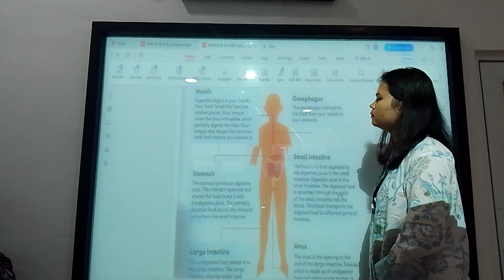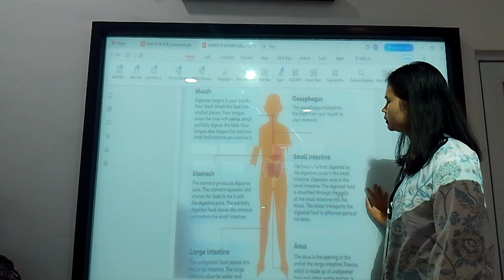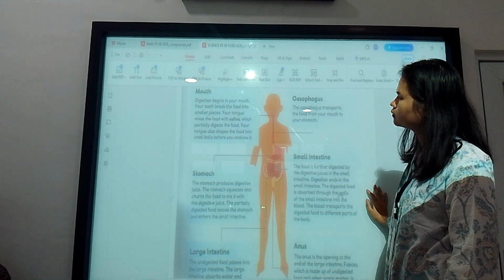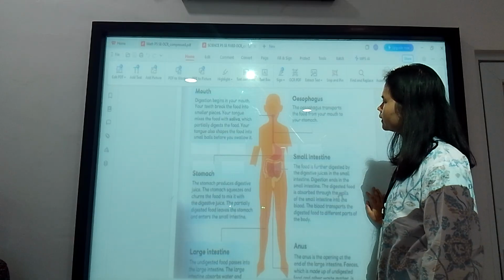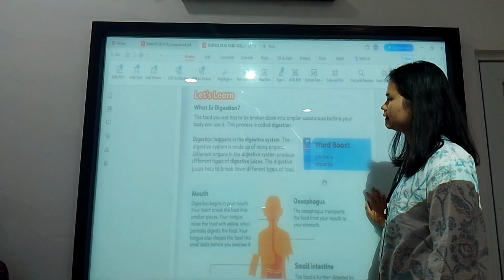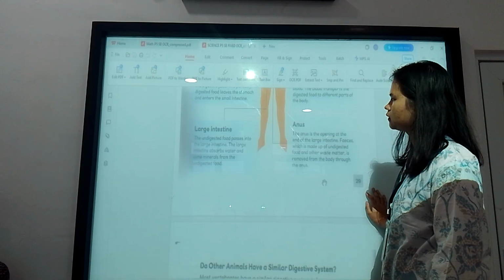Okay, Miss. Now here we have the process of how our digestive system works, right? So could you explain from the first process until the last process, Miss? Okay.